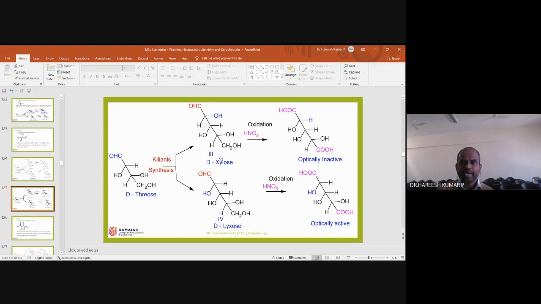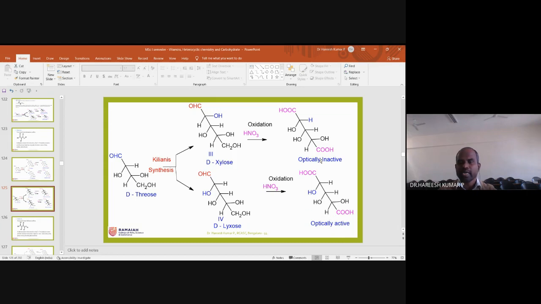The obtained xylose and lyxose, subjected to oxidation, give rise to an optically inactive carboxylic acid and an optically active carboxylic acid.